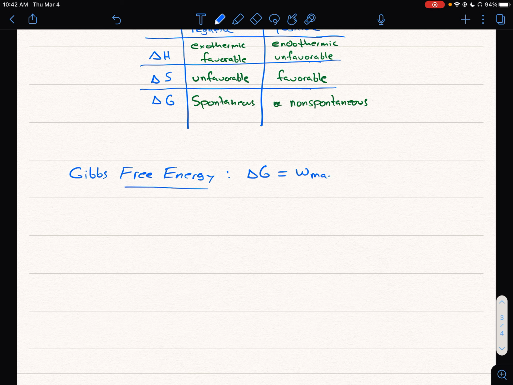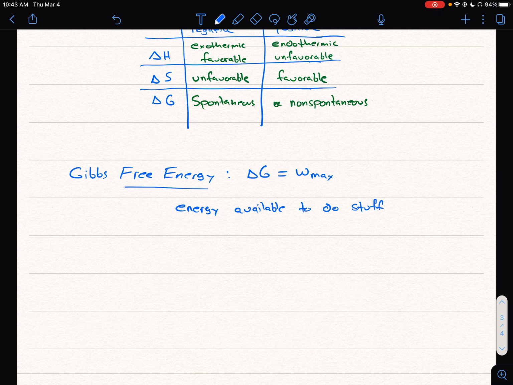Sometimes you'll see the Gibbs free energy equated to the maximum amount of work. This is the energy available to do stuff. So when we calculate a negative delta G, that's spontaneous, that negative number is the energy we can harness to do something.